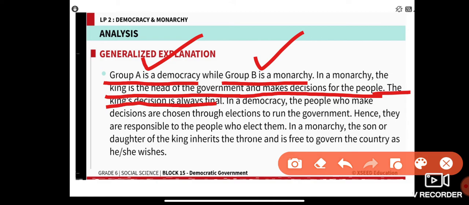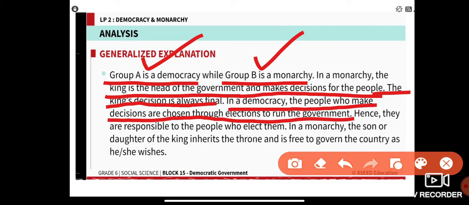Whatever decision the king makes, citizens have to follow. However, in a democracy, the people who make decisions are chosen through elections to run the government. So we follow a democratic form of government, like India.